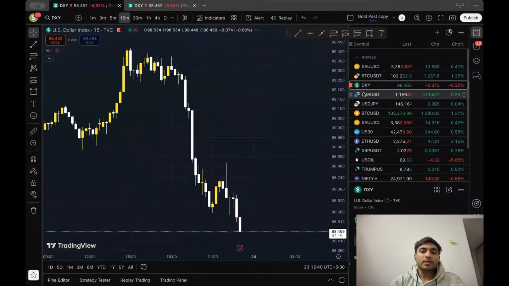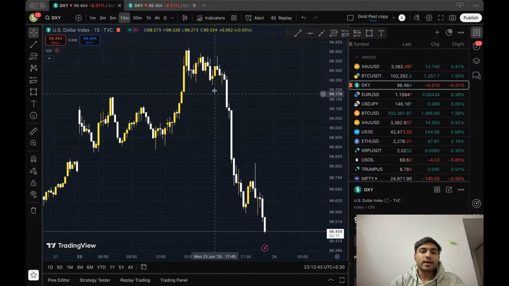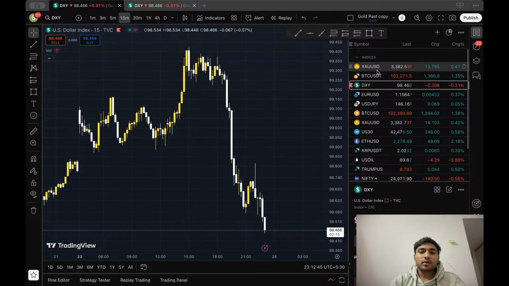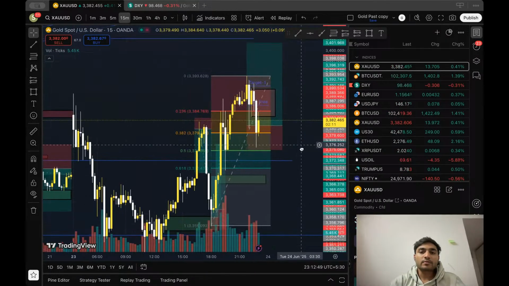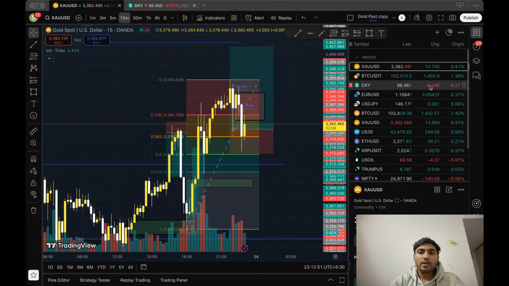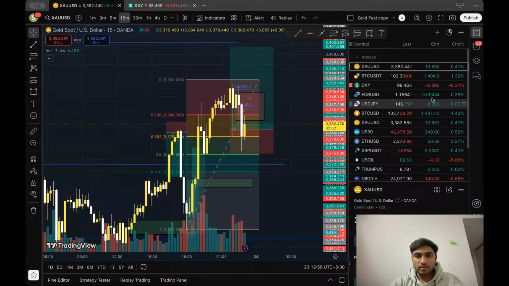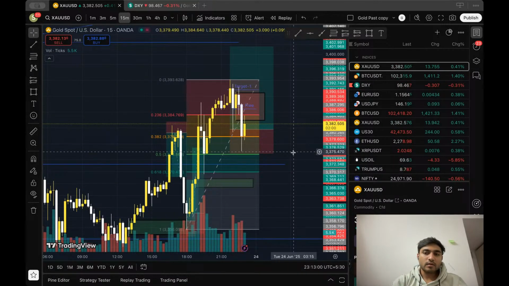It's mainly because DXY gave this move. So I am hoping daily gold should give us a little bit bigger move than this. Gold is at 0.41%, DXY minus 0.31%, which is almost equal, but that's not how it works.